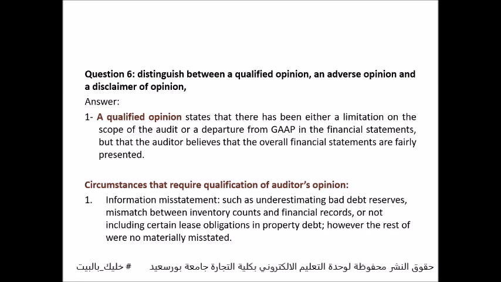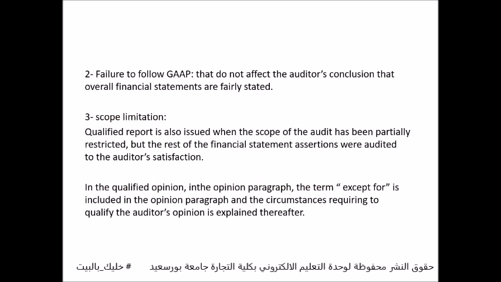However, the rest of the statements were not materially misstated. Number 2, failure to follow GAAP, but this failure doesn't affect the auditor's conclusion that the overall financial statements are fairly stated.